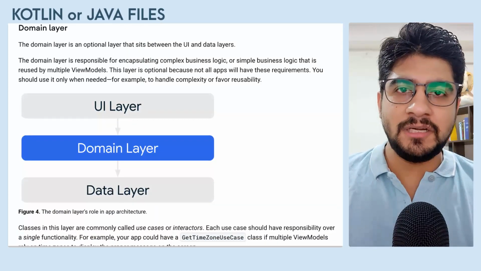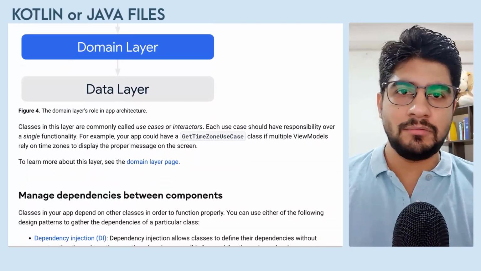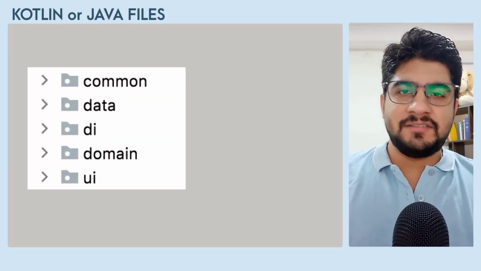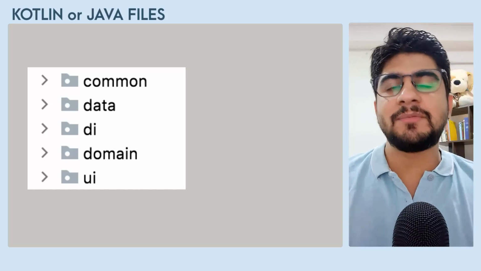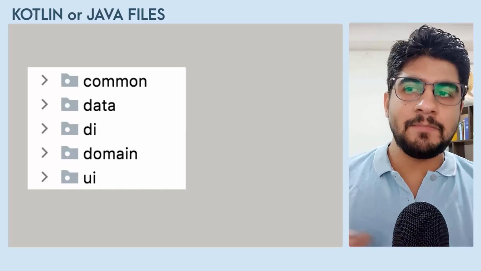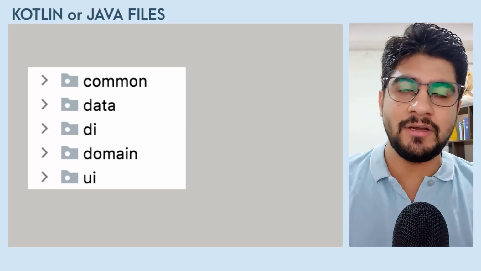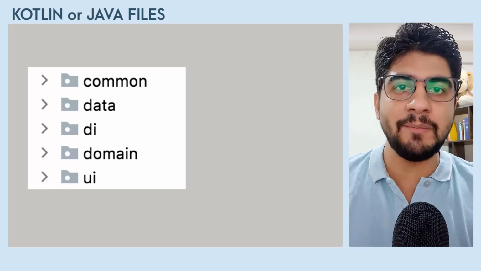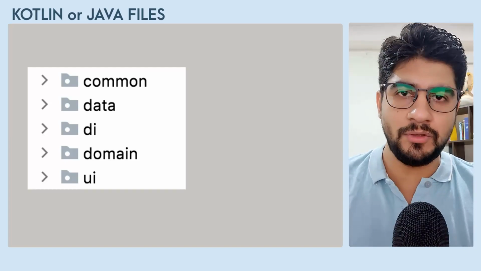So as per clean architecture, you should have a domain folder, a data folder, and a presentation folder. Layers, basically. The domain folder, as per the Android team, is optional, but ideally you should have it because it helps you in understanding or creating boundaries from the data layer to the UI layer.